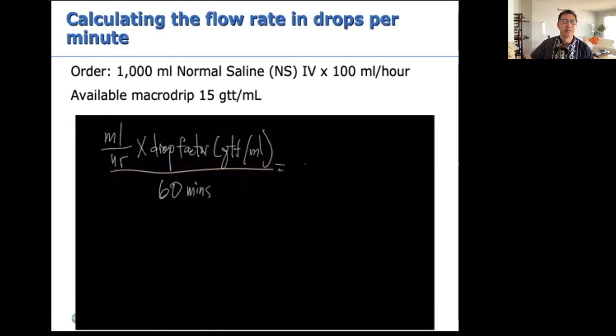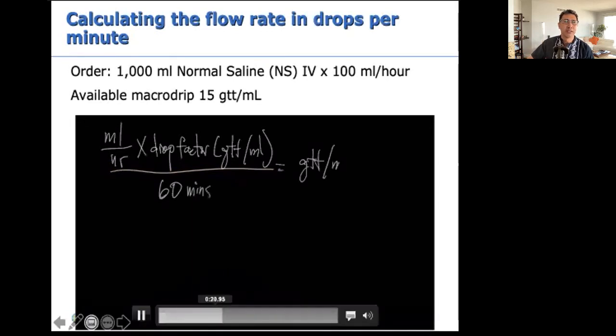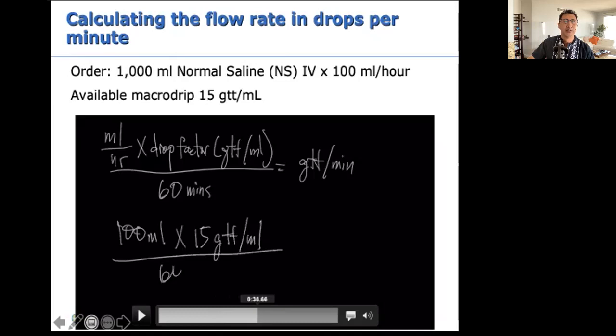That's the hour. I'm going to fast forward again because I am just plugging in numbers. mLs per hour is 100, my drop factor is 15 drops per ml, and 60 minutes.